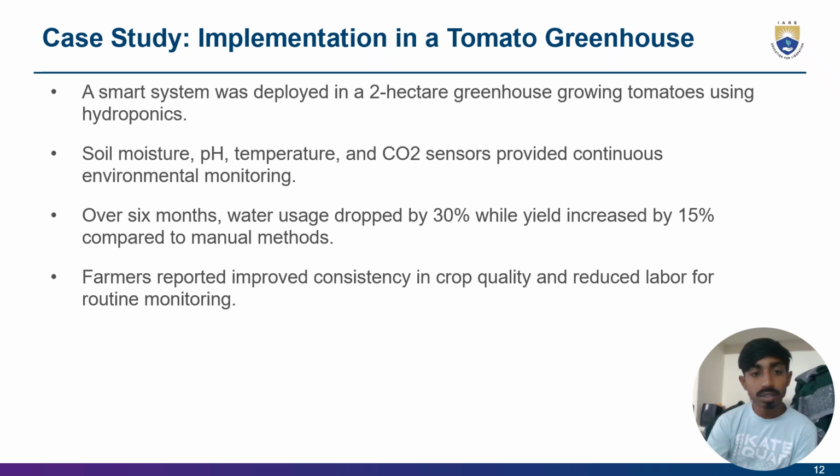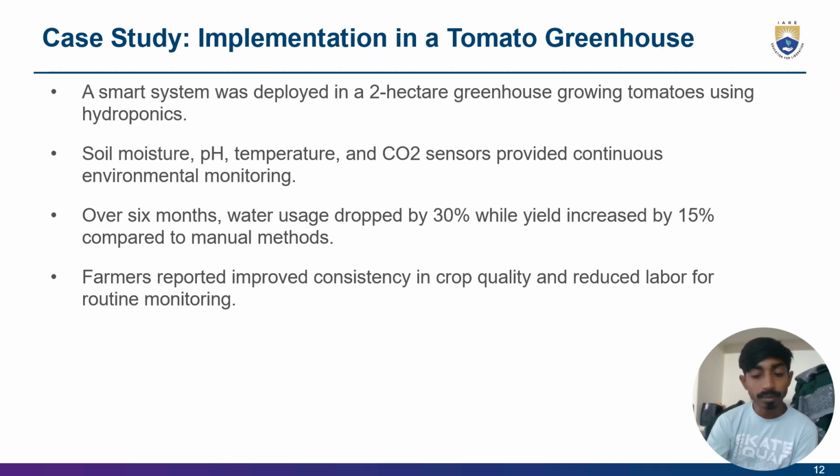Over 6 months, water usage dropped by 30%, while yield increased by 15% compared to manual methods. Farmers reported improved consistency in crop quality and reduced labor for routine monitoring.